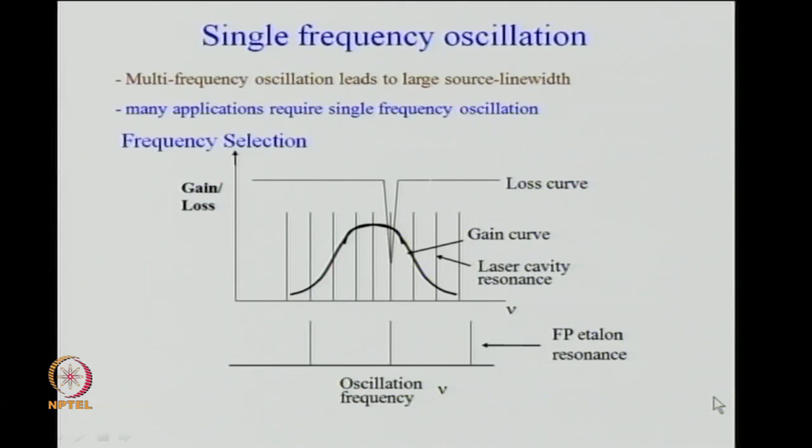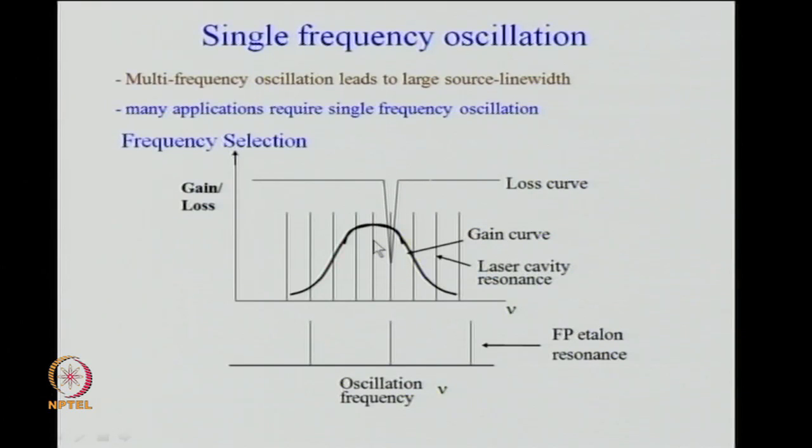Single frequency oscillation. Therefore, if you somehow modulate the loss, here is the concept. If you somehow make loss very high for all frequencies but the required frequency, then that frequency alone will oscillate. What is shown here is that the gain curve is the same, but the loss line is now up, except for one frequency where the loss has dropped.